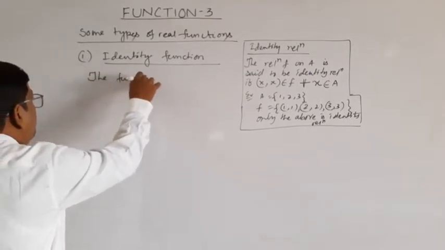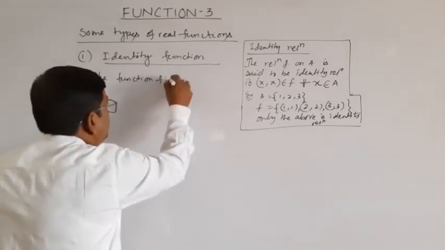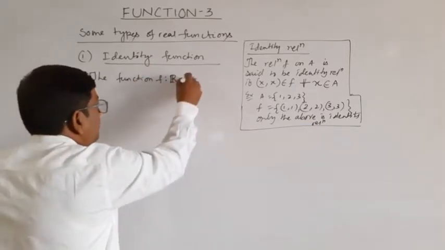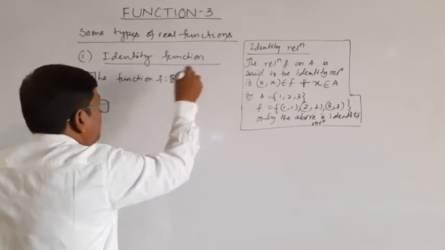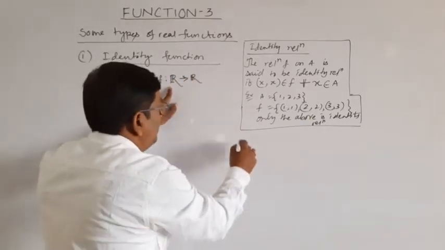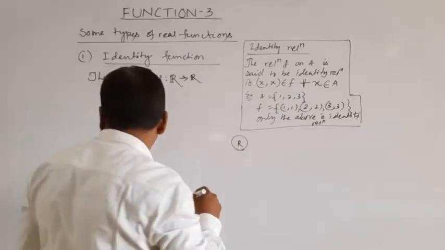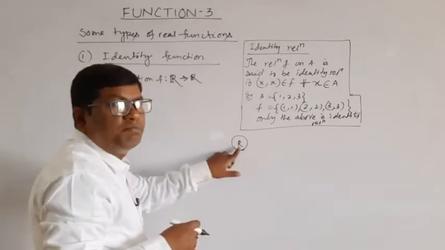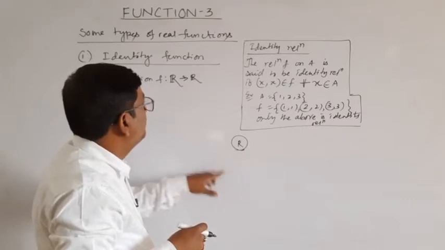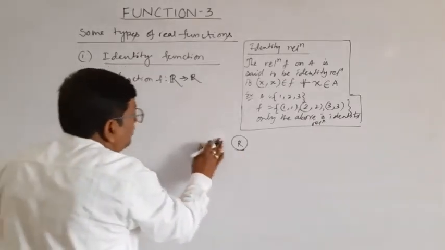The function f from R to R, that is, from the set of real numbers to the set of real numbers. This capital R indicates real numbers and this R indicates relation. Mind it, dear students, simple capital R represents relation, double-struck capital R represents the set of real numbers.